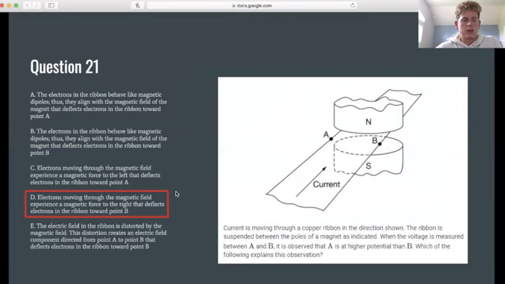Electrons are going to experience a force to the right that deflects them towards B, which will create a higher potential at A than B. So basically, it's the left-hand rule again in a way for electrons. Since most answers are talking about electrons, we have to think about that and also what it means to have higher and lower potentials.